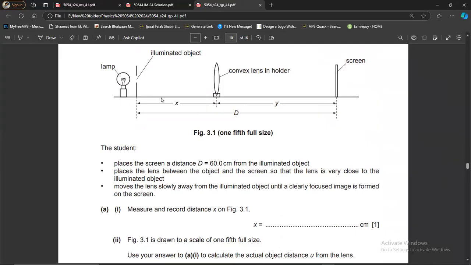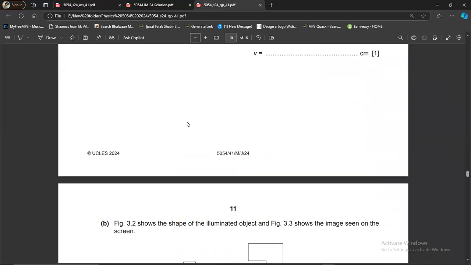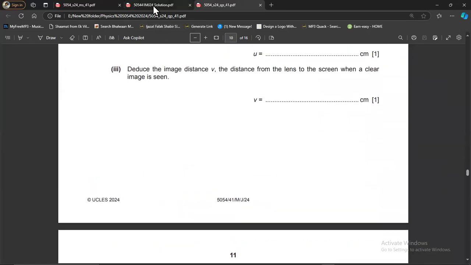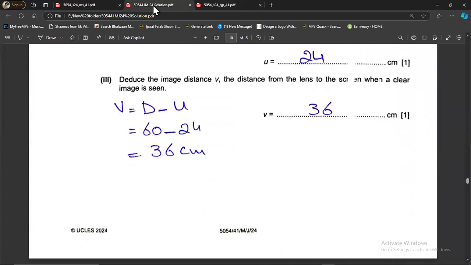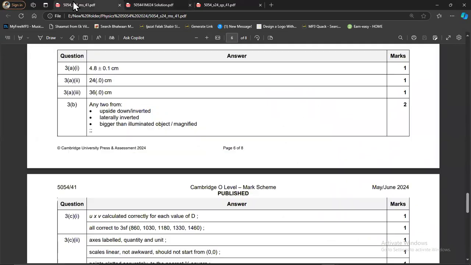So this y will be d minus x, and so I can calculate it easily. So here v is equal to d minus u, that is 60 minus 24, and that is 36 centimeter. V, which means the distance between the lens and the screen, is 36 centimeter. Answer is right.